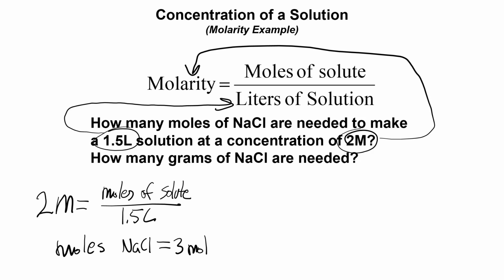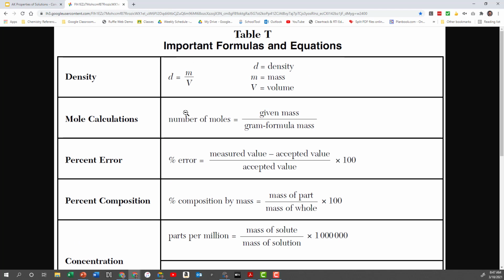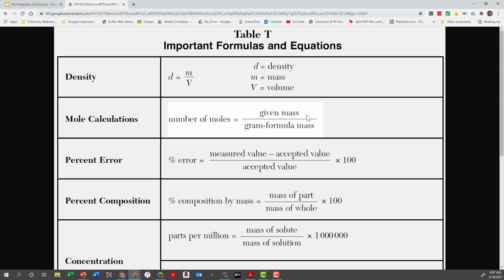How many grams of NaCl are needed? Well, we're going to do a mole calculations equation next. Let's look at our reference tables and see the mole calculations. This is the number of moles in a given mass and gram formula mass, which we've used a ways back. So let's use it again.